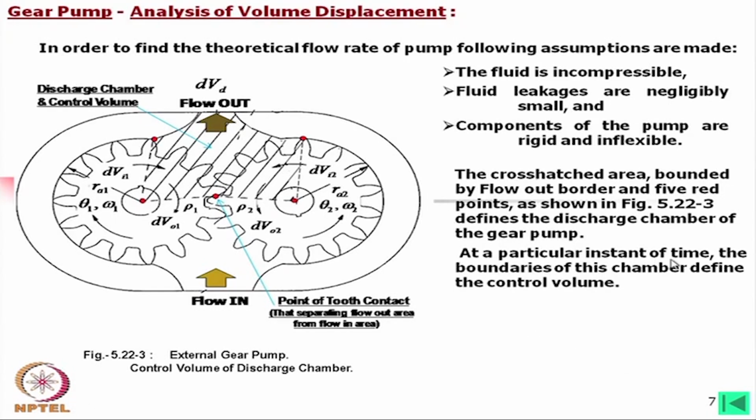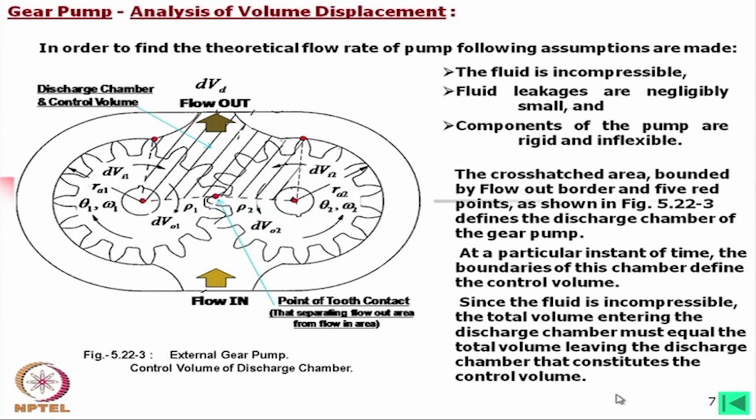At a particular instant of time, the boundaries of this chamber define the control volume. Since the fluid is incompressible, the total volume entering the discharge chamber must equal the total volume leaving the discharge chamber, which constitutes the control volume.